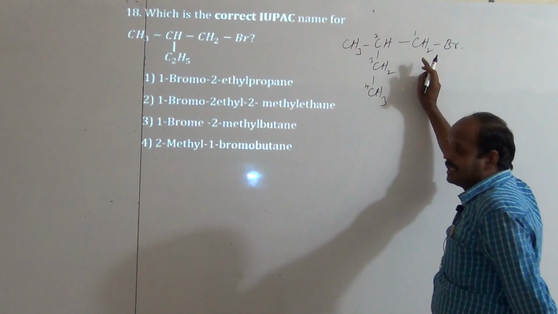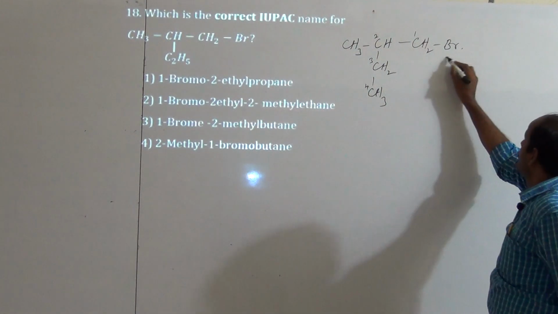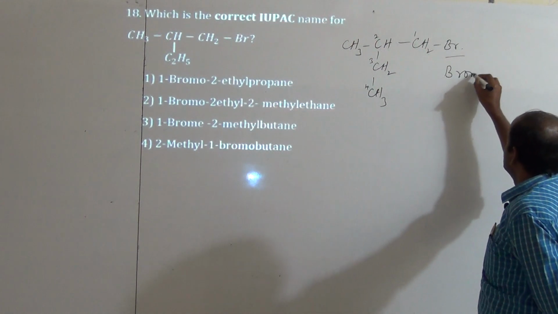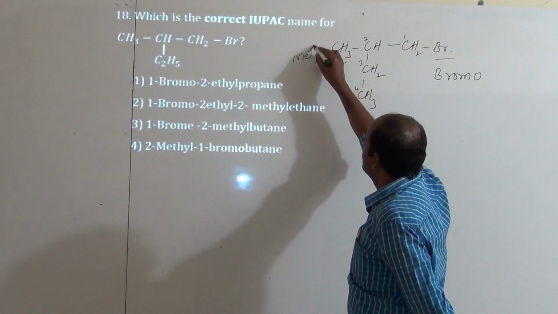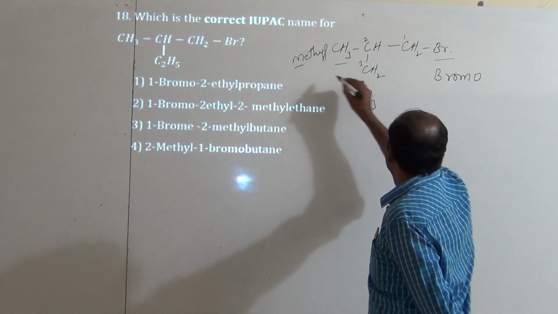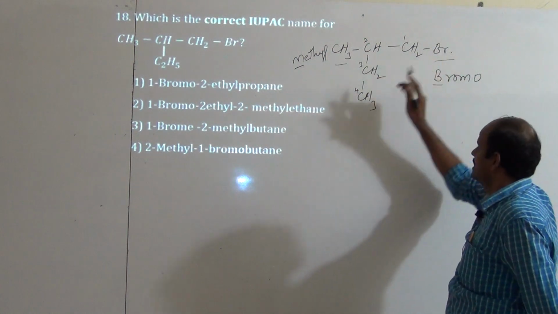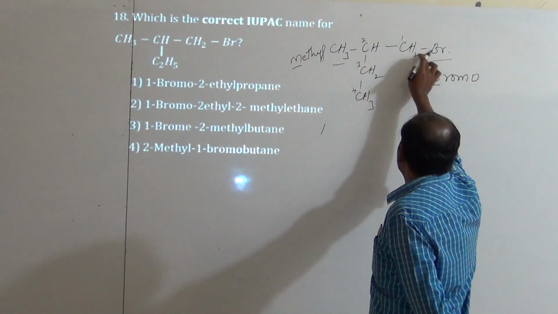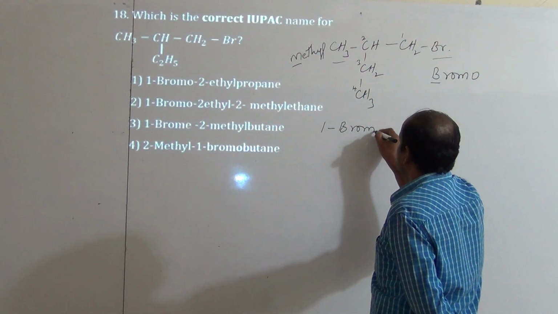Then if more than one substituent is present, we should follow alphabetical order. So Br means it is bromo, CH3 means it is methyl. In alphabetical order, which one will come first? B or M? B only. Thus this name should be written first. Where is it present? On the first carbon, hence 1-bromo.